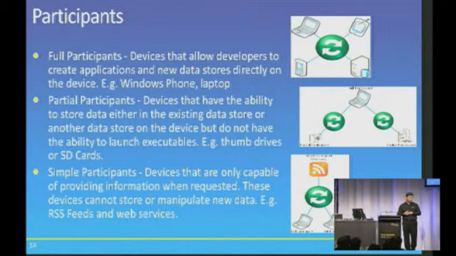That's an example of using a partial participant. The thumb drive can store data, but it doesn't have any capability of processing. And then there are really simple participants, which are devices that are only capable of providing information when requested. So that's an RSS feed, a web service. They just send some information to you.